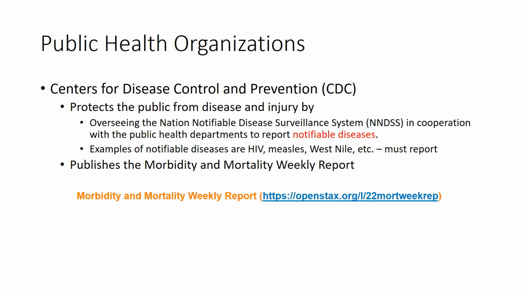So the CDC has two main jobs. Number one, to protect the public health from disease. It does this by keeping up with a registry that the public health departments are going to submit numbers from. So this registry is really a database of diseases and how many people in the United States have the disease and things of that nature.